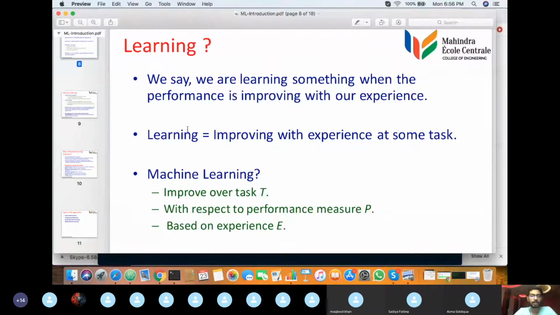Okay, great. Cool then. If you notice over here, it says that we're learning something when the performance is improving with our experience. That's exactly what I was talking about. If I just give one data point or one particular row from a data set, it doesn't make sense, because it's just one particular thing. How am I going to learn out of something?